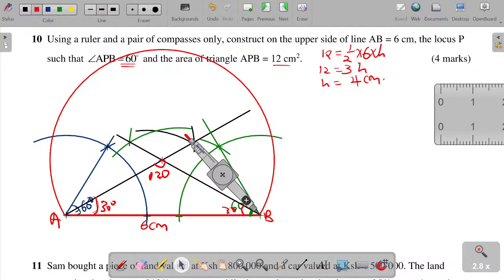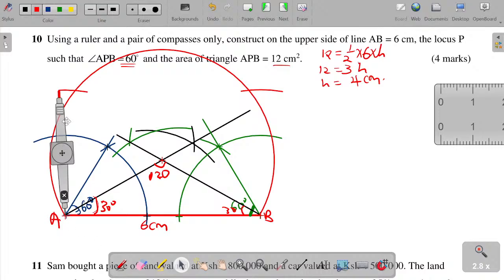So I have to measure 4 centimeters. After measuring 4 centimeters, let me see the point where it's cutting there. You can see it's cutting there. I transfer the same 4 centimeters to point A and see where it's going to cut my curve. It's cutting my curve at that point.